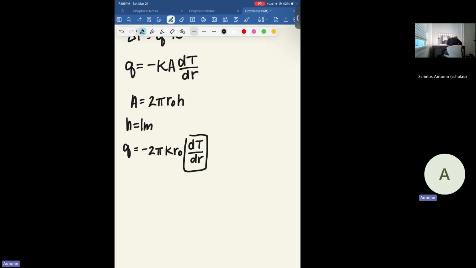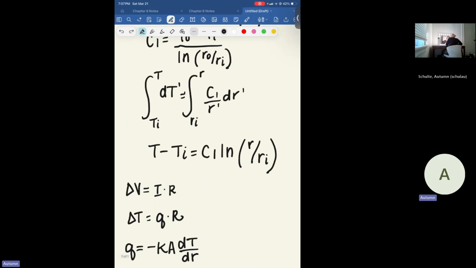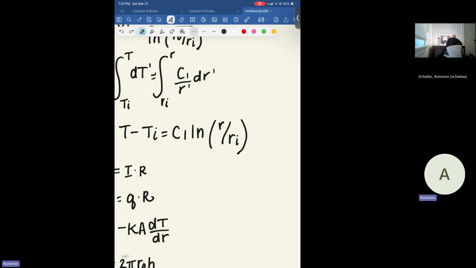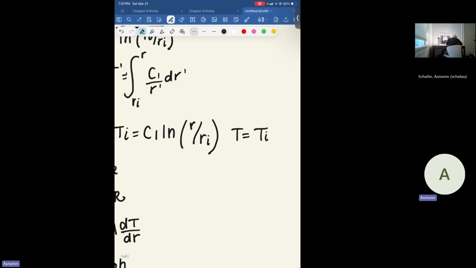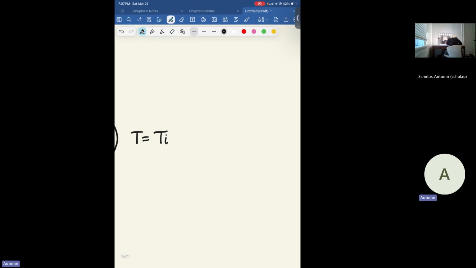To find this term right here, we're going to go back up to this equation that we had found, and we're going to move our inner temperature over to the right side. So this is going to be T is equal to our inner temperature plus C1 times the natural log of the radius at some point r divided by our inner radius.